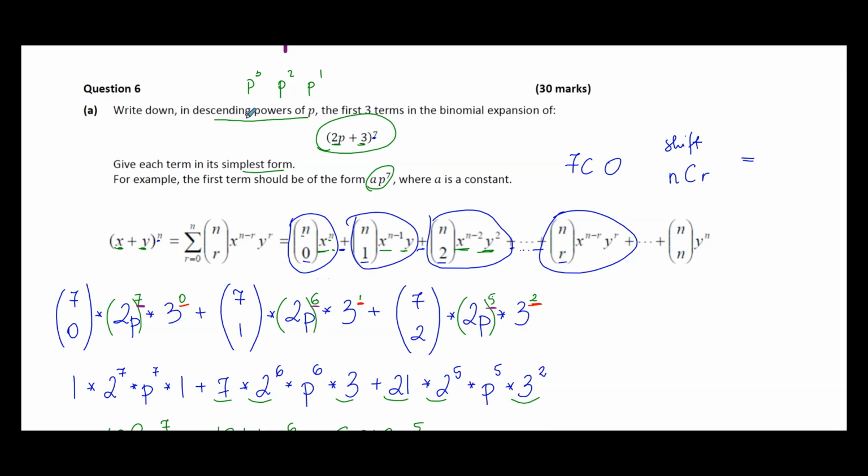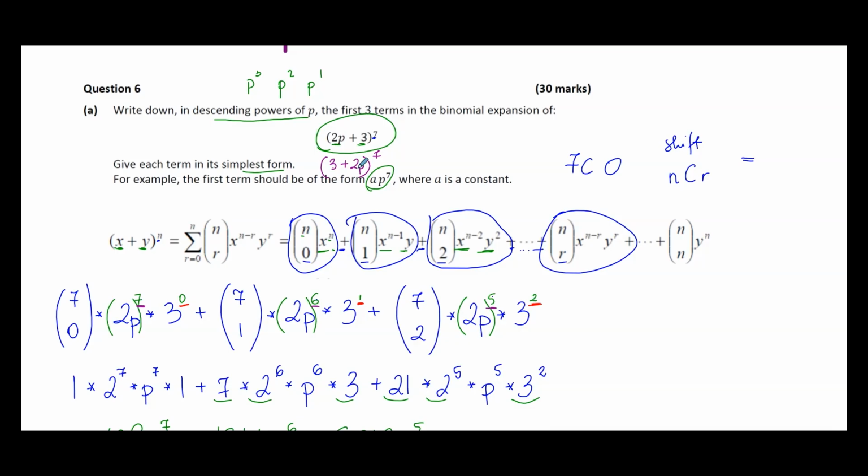If it says here in ascending powers, meaning powers of p go up, all I have to do is change the way it is written so that it makes sense. Therefore, 3 will be the one that will be going up, and then 2p will be going down. Sorry, the other way around.